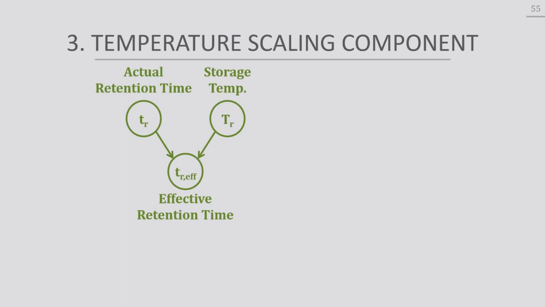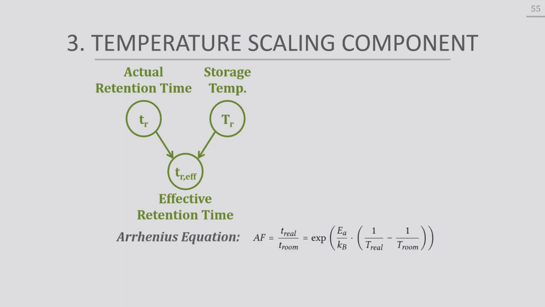And then the third component is the temperature scaling component. This component utilizes an Arrhenius equation, which is originally used to scale the chemical reaction speed under different temperatures. But it turns out that it also applies very well to NAND flash devices.